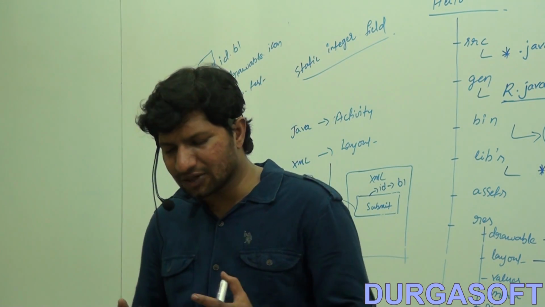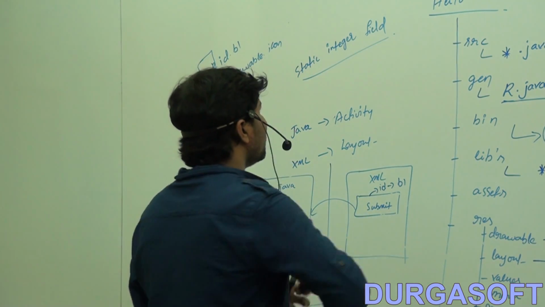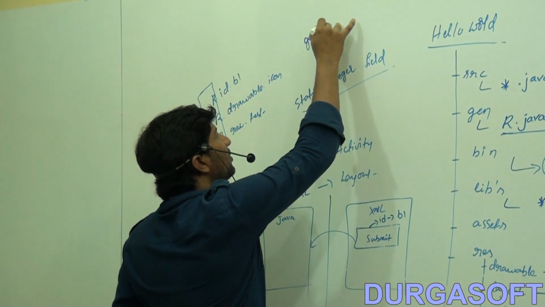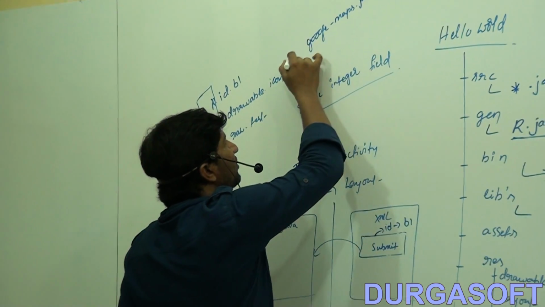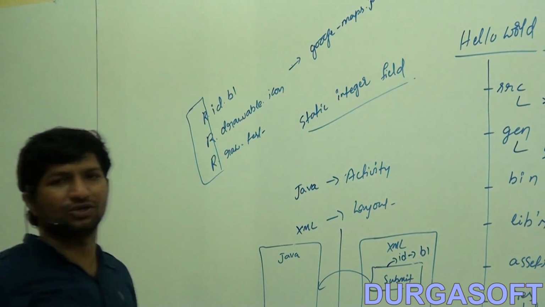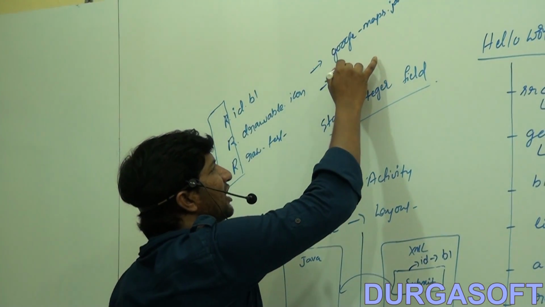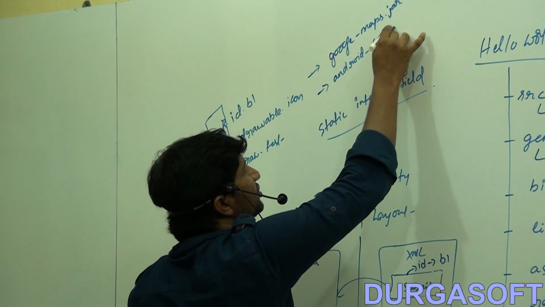If you want to integrate Google Maps in your application, we need to add one jar file called google-maps.jar. If you want to work with Cocoa Studio, there is a jar file called android_cocoastudio.jar.